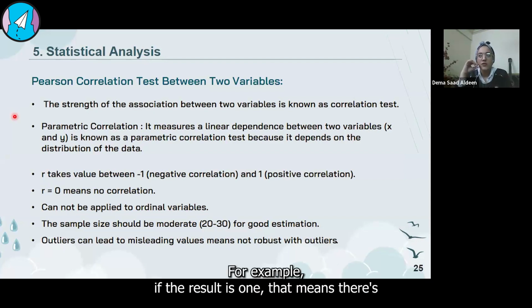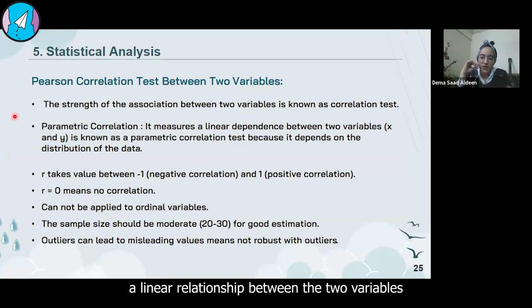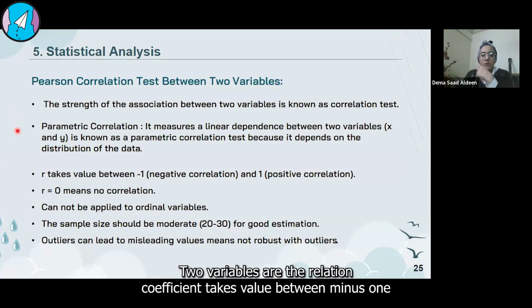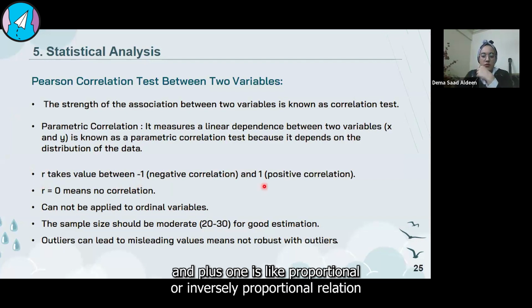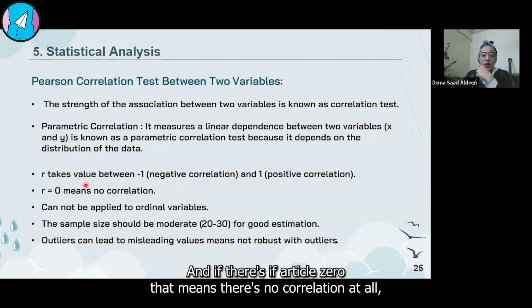For example, if the result is 1, that means there's a linear relationship between the two variables. R, or the correlation coefficient, takes a value between -1 and +1, which means proportional or inversely proportional relation. And if R equals 0, that means there's no correlation at all.